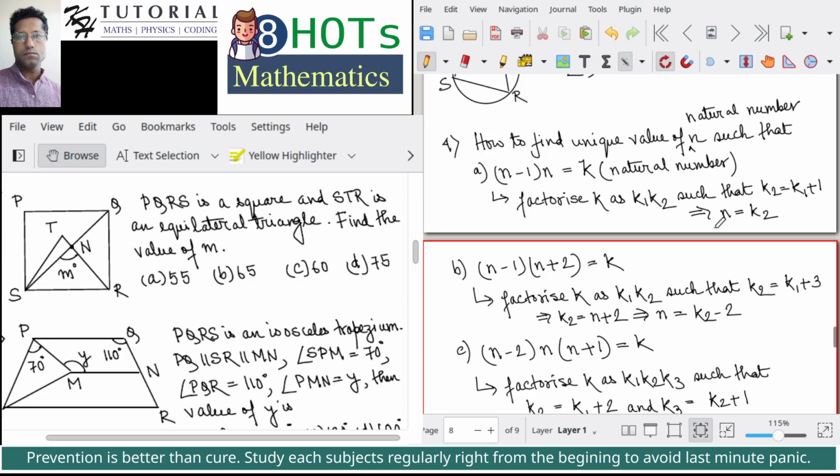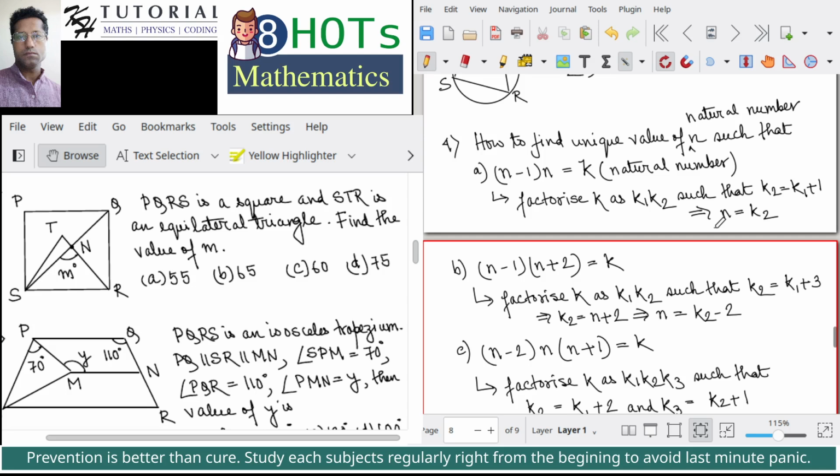So the concept is that on the left hand side, n minus 1 and n are two consecutive natural numbers, where n is definitely the successor of n minus 1, or n is 1 more than n minus 1. So the concept is to factorize k into two factors, k1 and k2, where k2 is 1 more than k1, so k2 is equal to k1 plus 1.